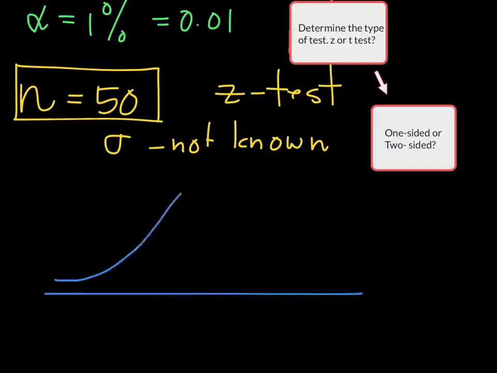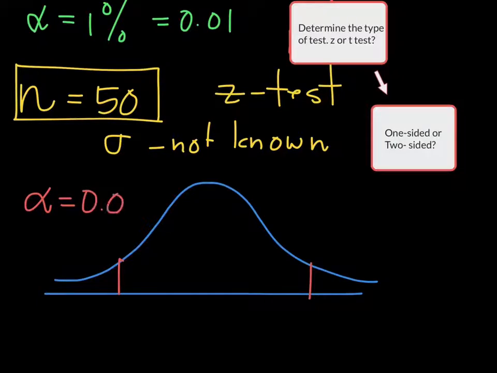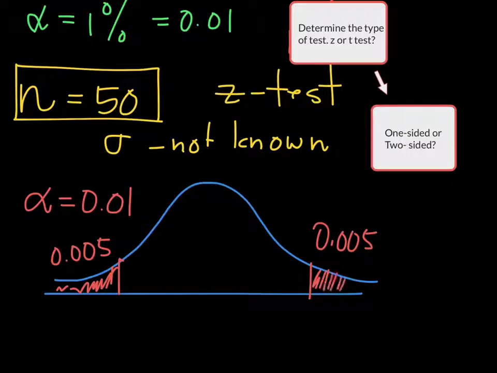So if we create a diagram, the alpha will be divided into two, and one goes to the left and the other goes to the right. If alpha is 0.01, because we have set it to be 1%, then alpha over 2, the half of alpha, which is 0.005, will be the size of this area, and the other 0.005 will be the region located on the right.